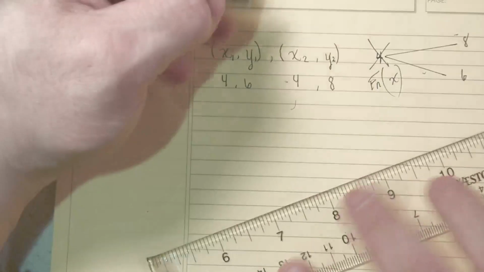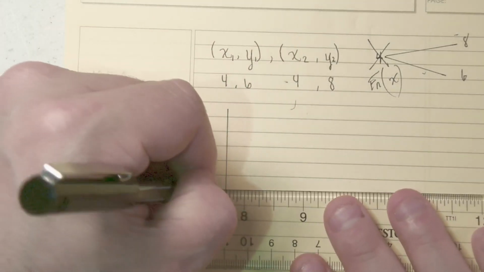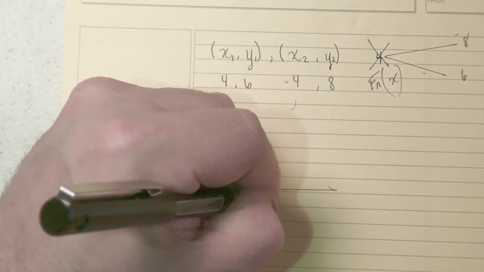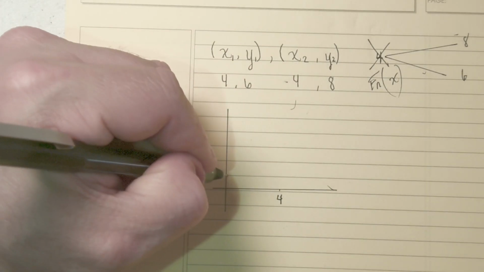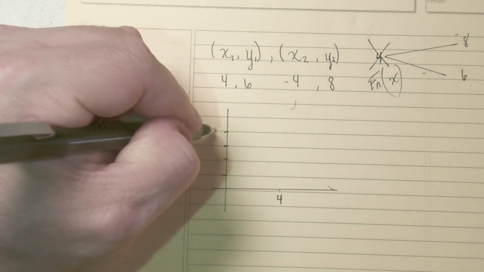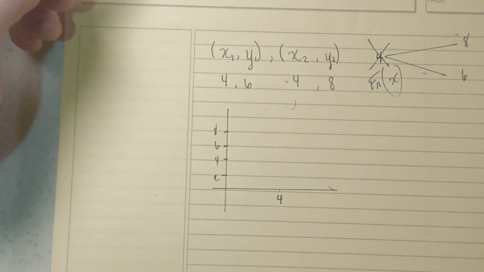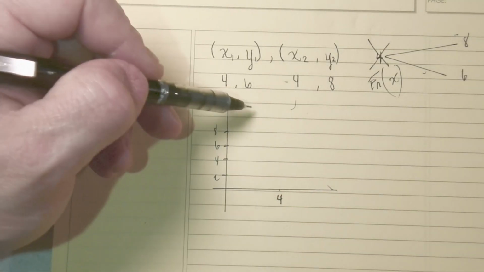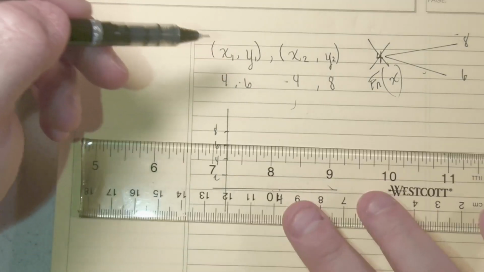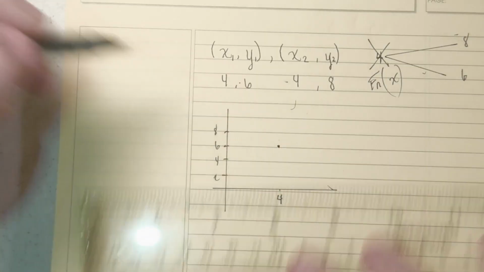Because if you think about it on a graph, if you've got 4 plotted right here, and let's see, 2, 4, 6, 8. You're going to say, well, I put in 4 and I get out 6. So you're going to go over here to 6, line it up with the 4, put a dot.